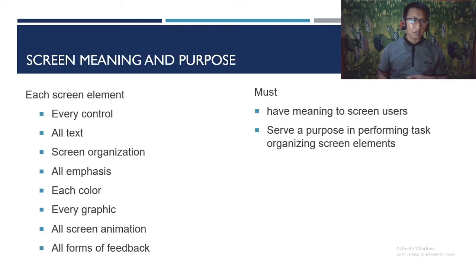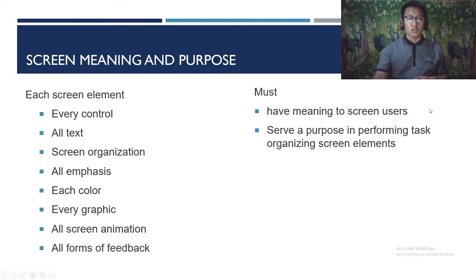Okay, next is the screen meaning and purpose. Each screen element has control, text, screen organization, emphasis, color, graphics, screen animation, and all forms of feedback. So there should be this kind of content inside your screen, and all of this must have meaning to the screen users.